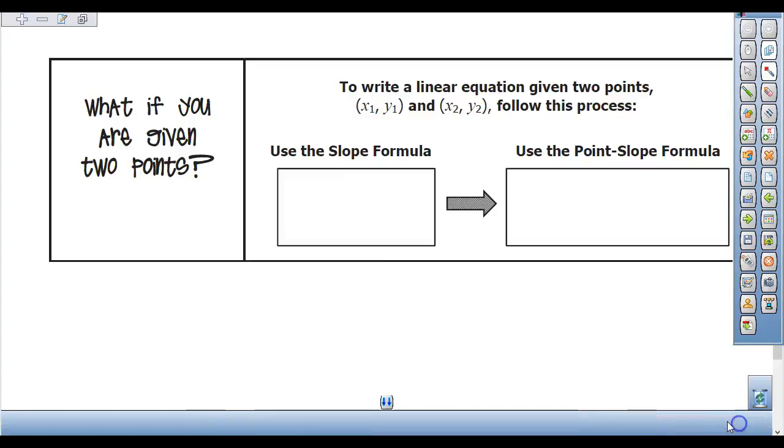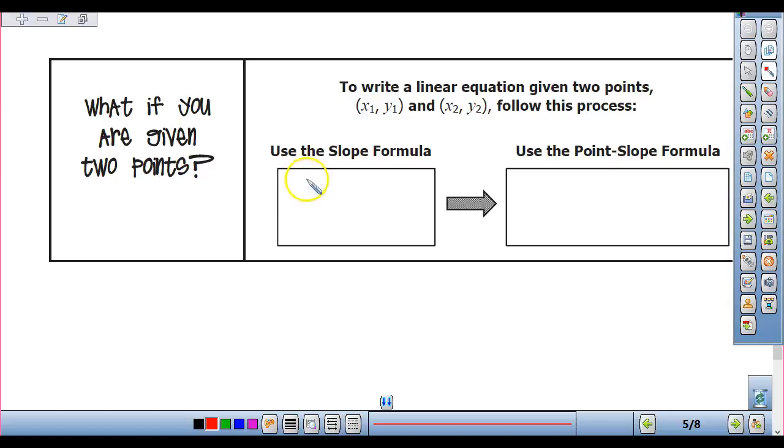All right, what happens if I have 2 points? What piece of information am I missing? Well, I have y1 and I have x1, but I don't have slope. So can I find slope? Yeah. First thing I'm going to do is find my slope.